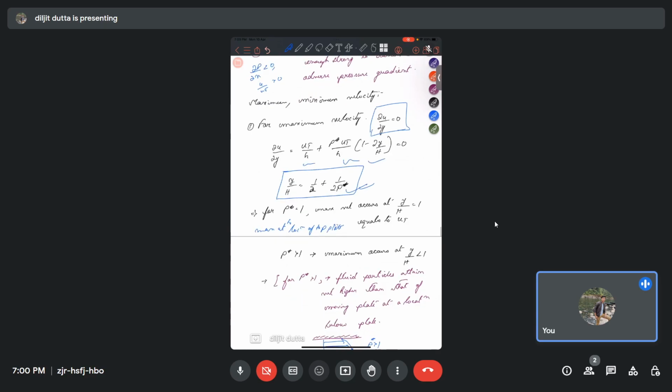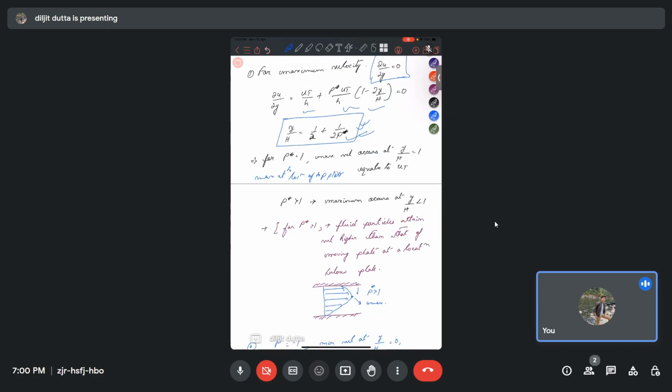When P star is greater than 1, this term will be less than 1 but greater than half. So in that case, the maximum will occur at some location below the plate, but greater than h/2.